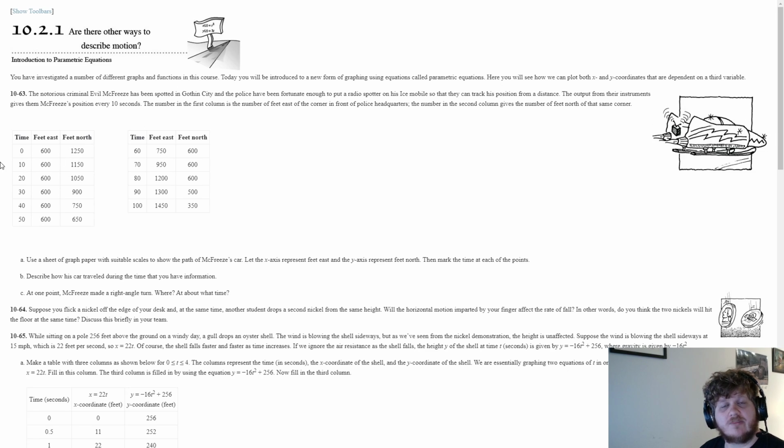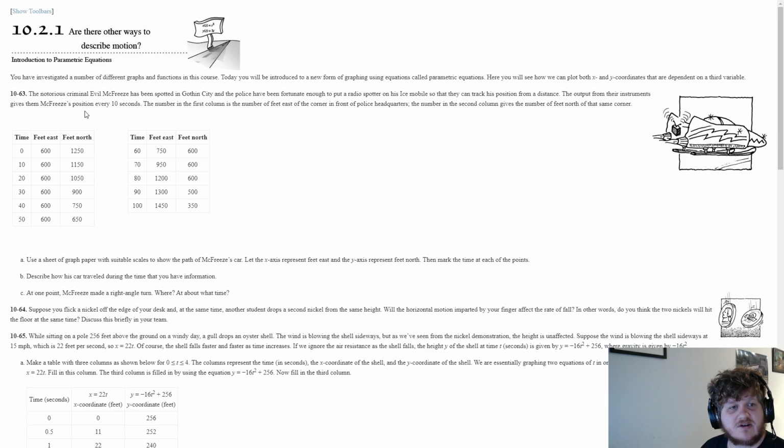It works similar to vectors, where you have your comma notation between two different things, x direction, y direction, but instead of relating x and y to each other, you're relating them to the variable t. So in a sense, we're graphing in 3 dimensions, time being one of the dimensions and the xy plane being the other 2.